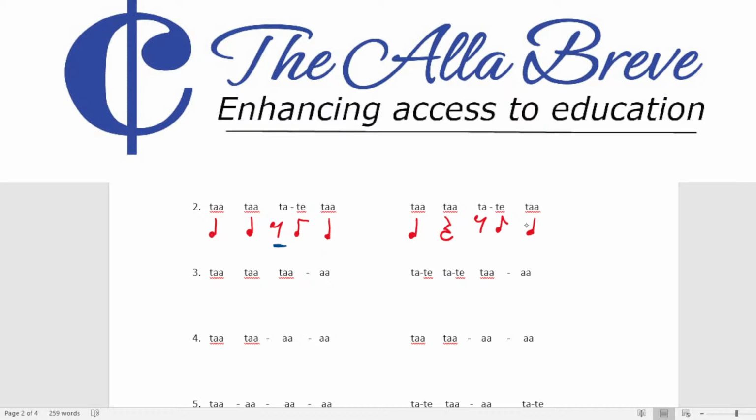We have a crochet, crochet, but this is a minim. You just draw one minim. Ta, ta, ta.